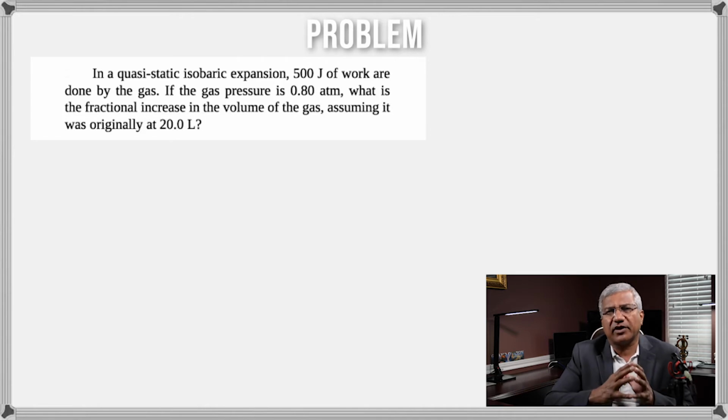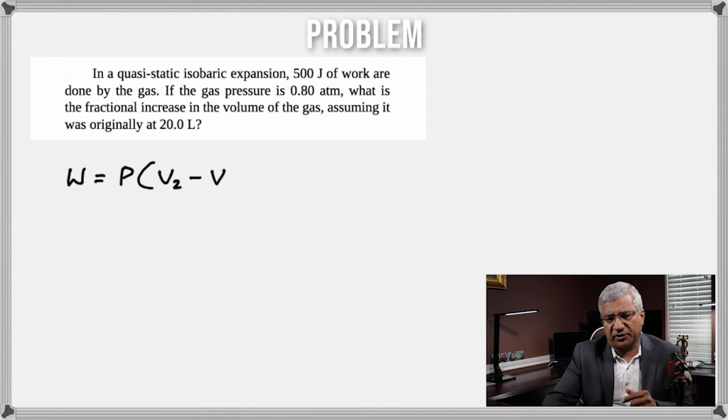So in short, we have to find the final volume first. Okay, how do we do that? Because work is done and it's an isobaric process, the formula for work in an isobaric process is just pressure times change in volume. That's it. Pressure is constant.